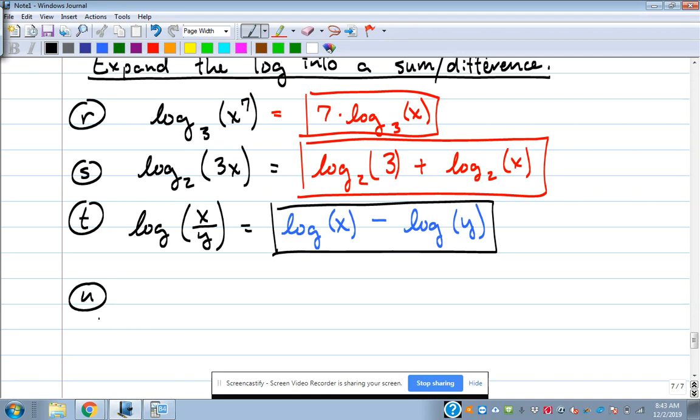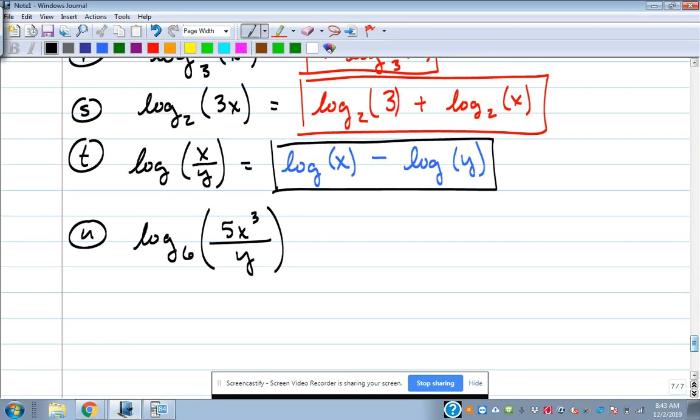All right, so let's get into some that do more. So let's do log base 6 of 5x cubed divided by y. So we'll start out kind of taking baby steps with this, and some of you may pick up on it quicker and be able to do more than one step at a time, and I'm absolutely okay with that. But if we do it one step at a time, I think you'll see all the properties happening here, and it makes it easy. So what's the big thing that this log has?